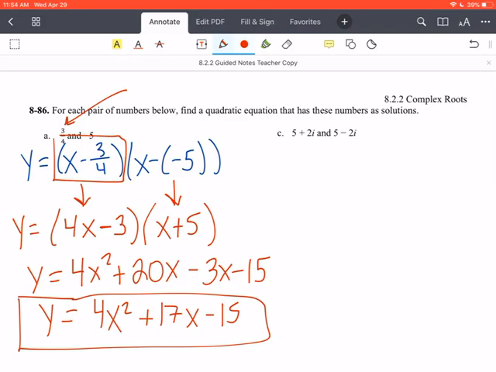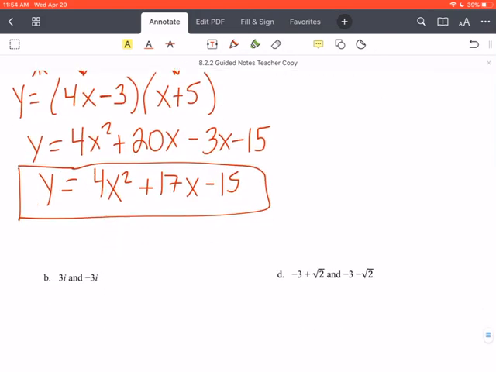And notice that it says find a quadratic equation. So basically we just need to know that both of these factors would create a root of 3/4. So either student would be correct based on whichever one you wanted to use.